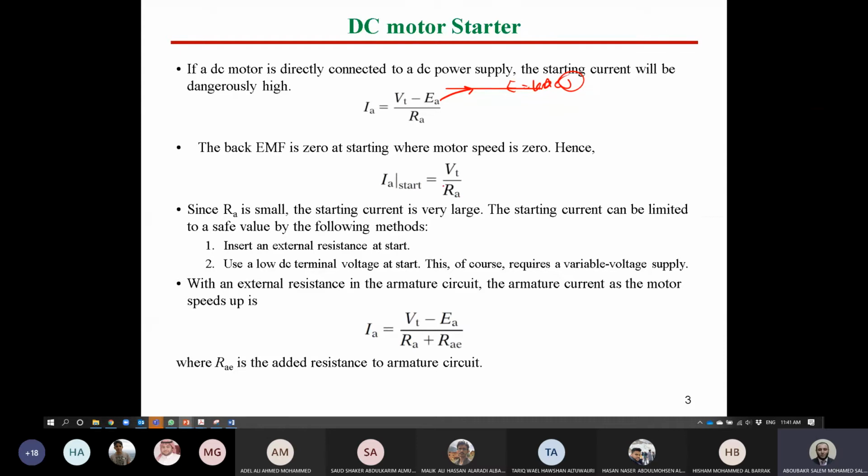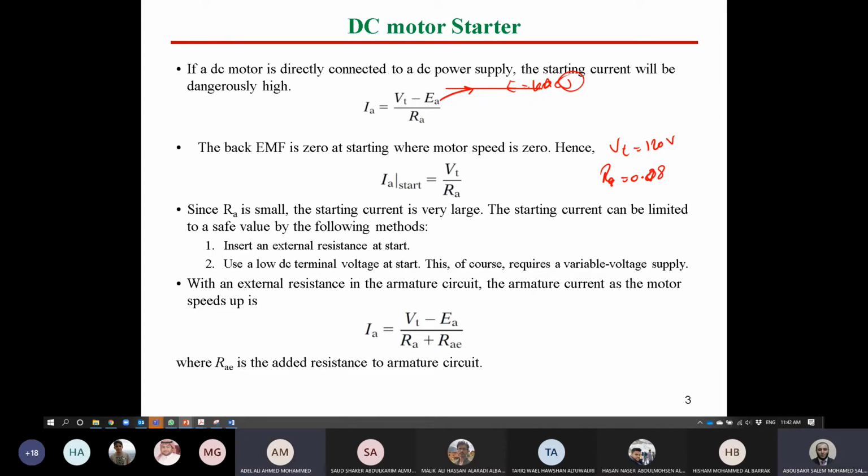So let's see one of the problems before. We had RA equals 0.08 and VT was around 120 volt, and the current was around 20 amps. This is in the previous motor problem. Now can you calculate what is the value of starting current in this case? 120 over 0.08.